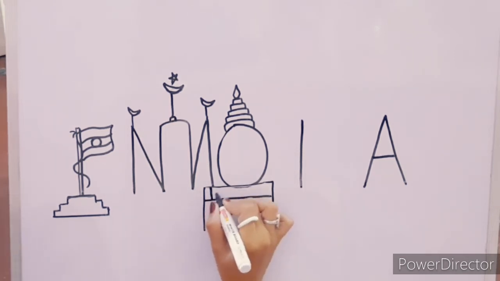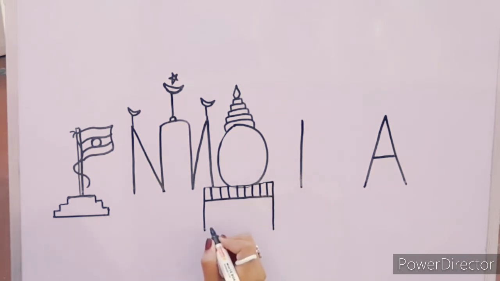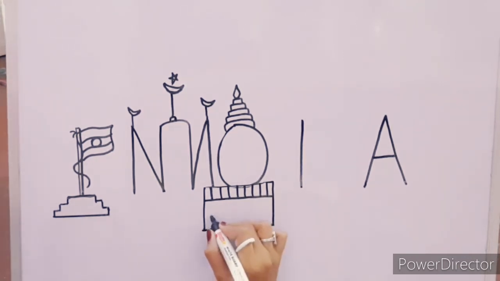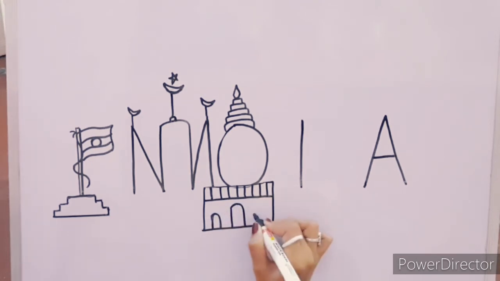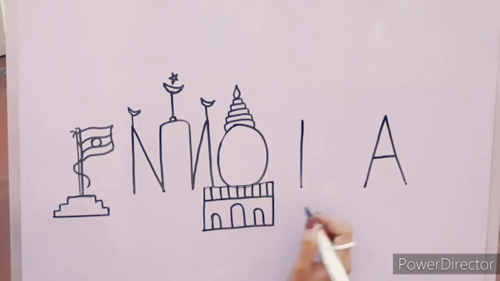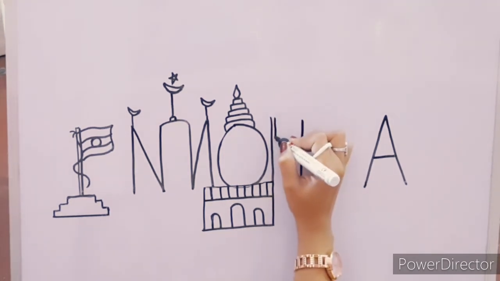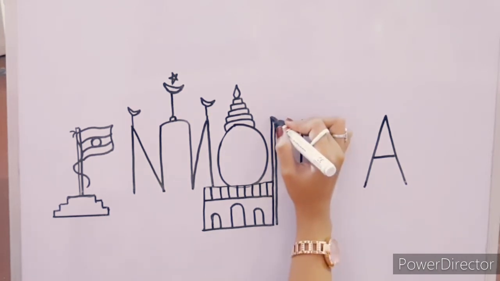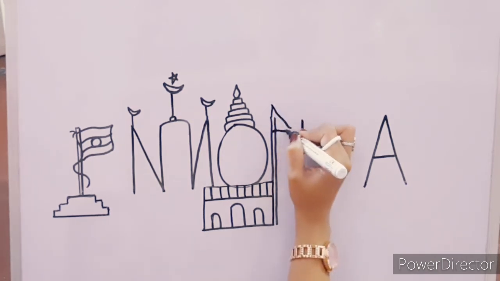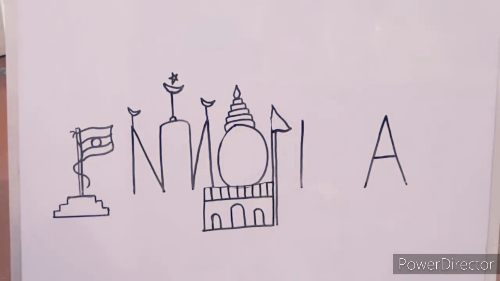With the slipping lines and standing lines, we will complete this. Two straight lines we will draw to depict the flag here.